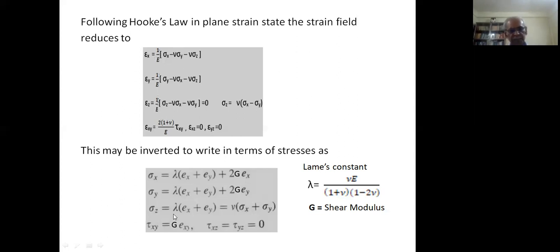And then sigma z will be equal to, in fact, the first term is the same for all, sigma z is equal to lambda into epsilon x plus epsilon y.